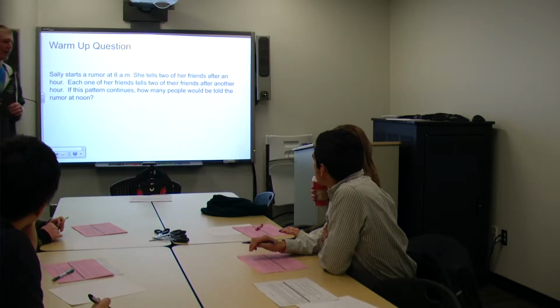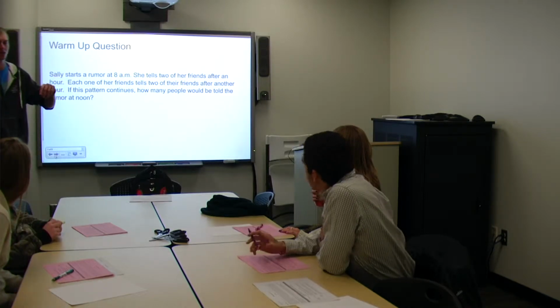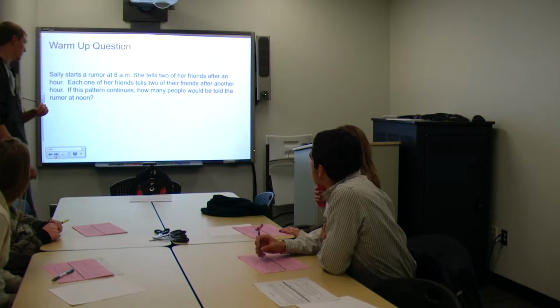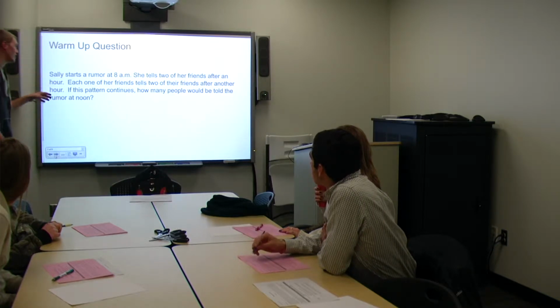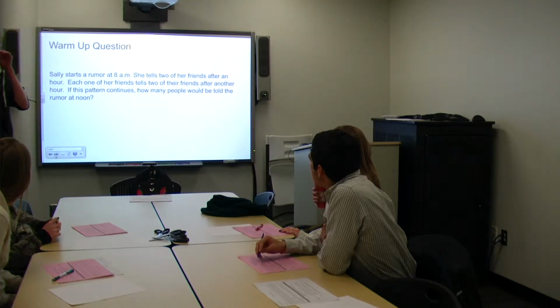And every hour after that, everybody that's heard it tells 2 more people. So each one of Sally's friends that she tells is going to tell 2 more people. If the pattern continues, how many people would be told the rumor at noon?